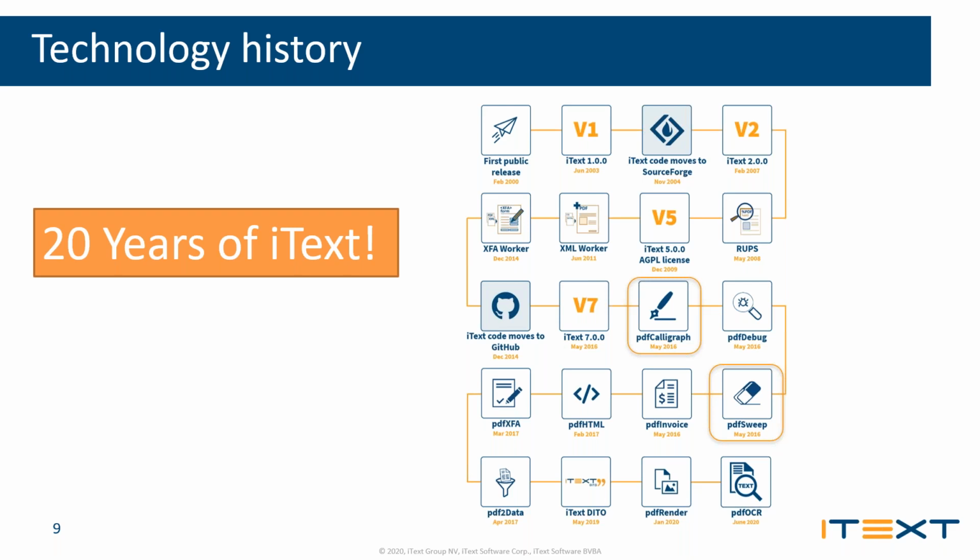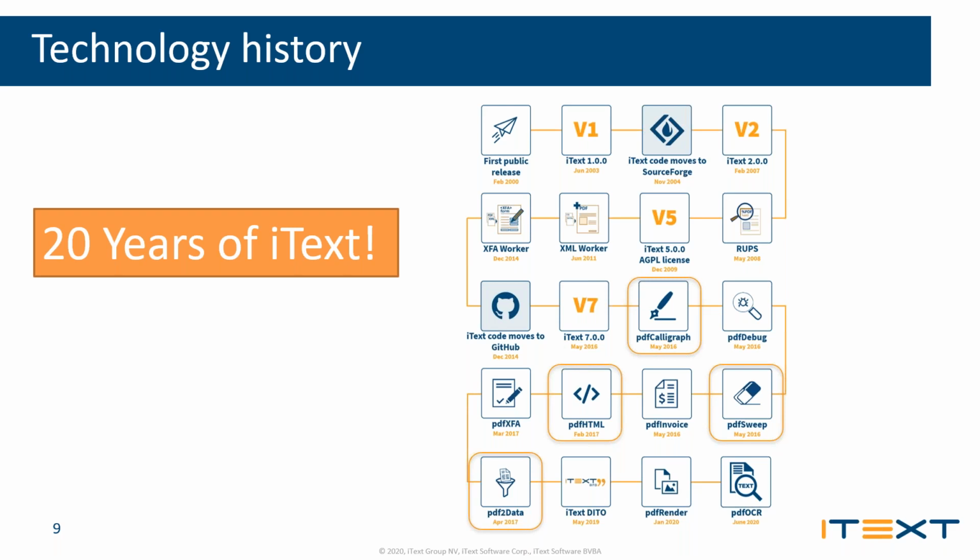And what it does is it redacts information from a PDF document in a reliable and secure way. Then we have pdfHTML, our most popular open source add-on that allows you to easily convert HTML and CSS into standards compliant PDFs that are accessible, searchable, and usable for indexing.